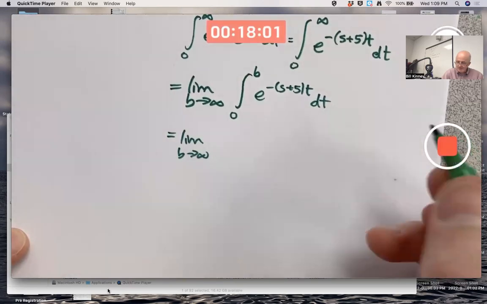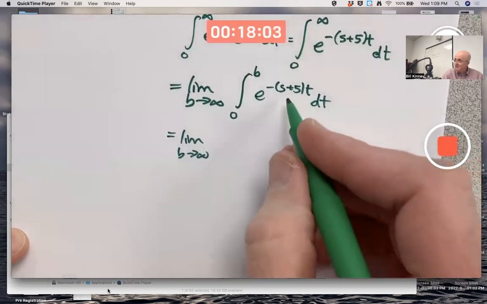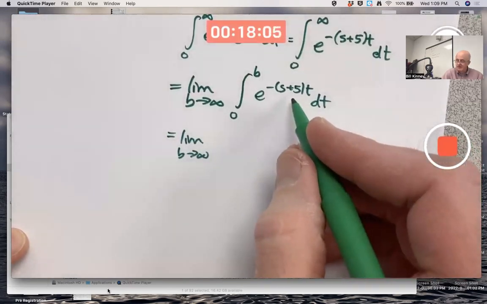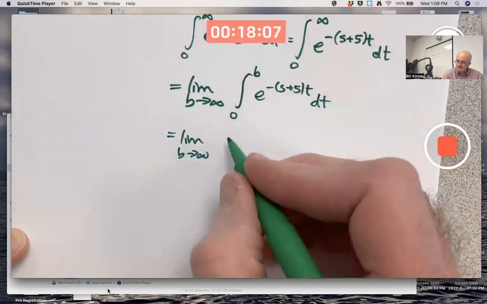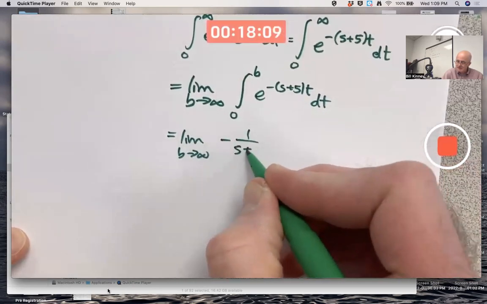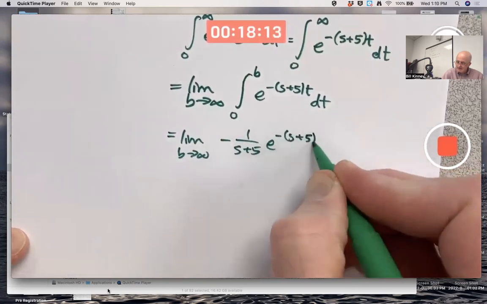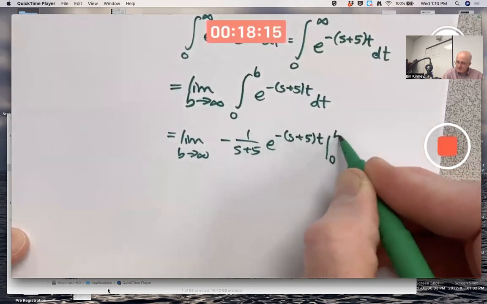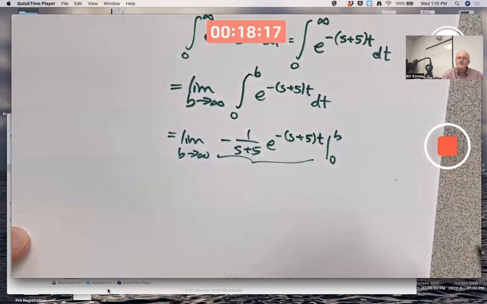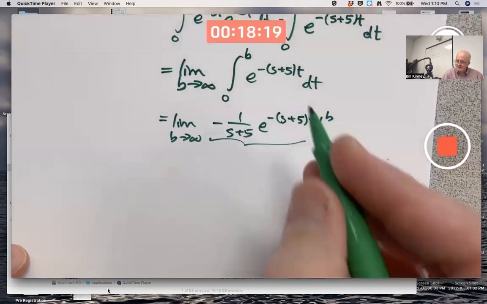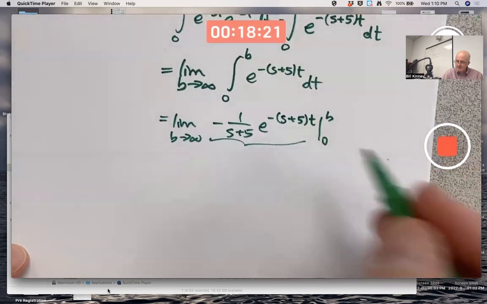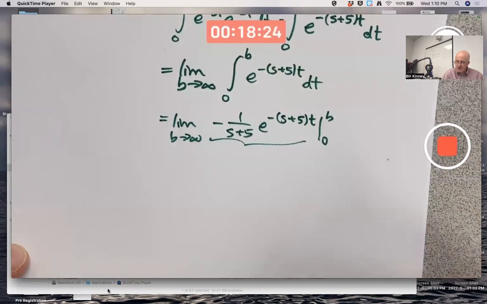Do the integral. With respect to t, s plus 5 is acting like a constant when you do the integral. A little bit of guesswork reveals this for an antiderivative, right there. Right, guess it. You can double check it in your mind by differentiation. Use the chain rule, s plus 5, and the negative signs cancel.